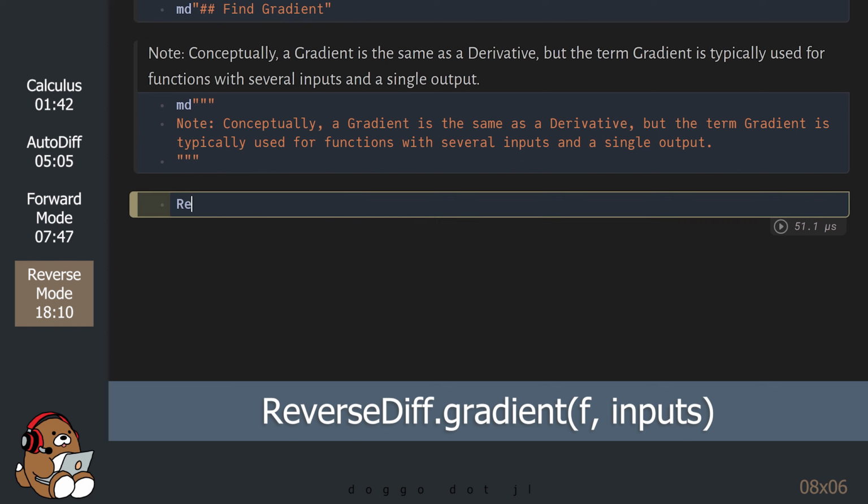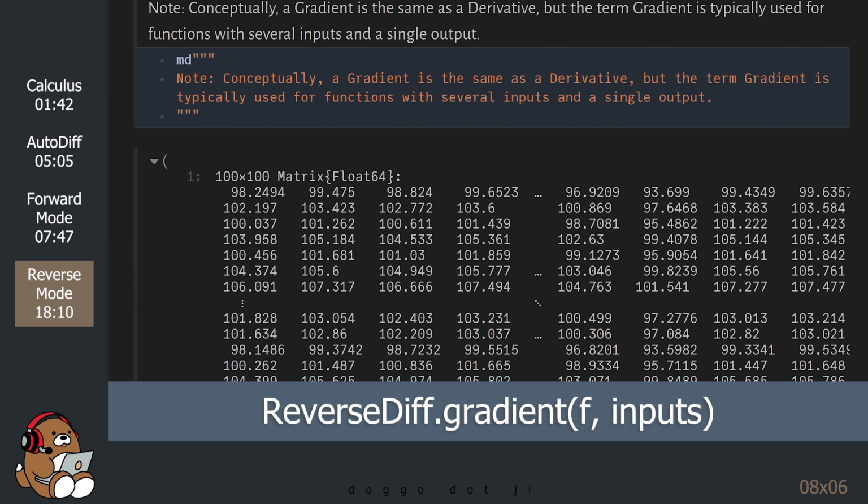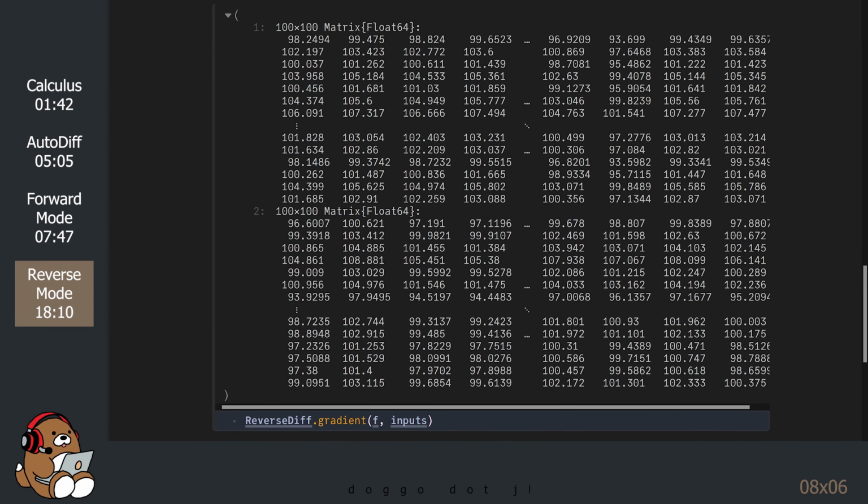To find the gradient, simply use the gradient function from the reversediff.jl package. The first argument is the function name, and the second argument is the name of the inputs. The inputs need to be some type of abstract array. What you're looking at is two partial derivatives.